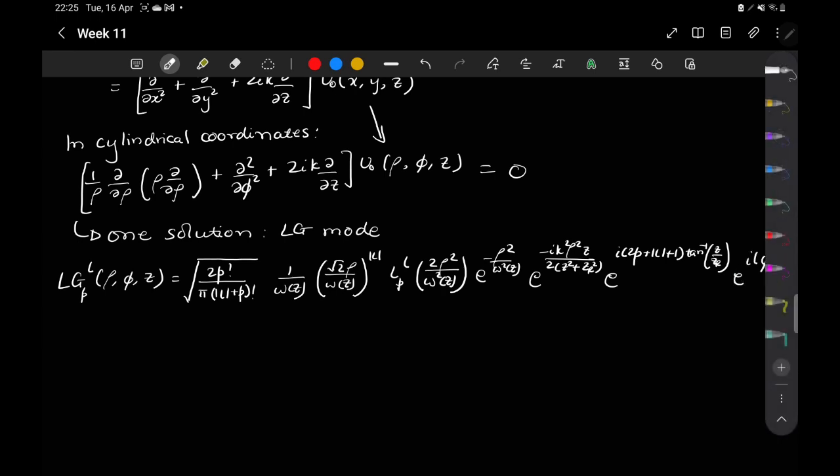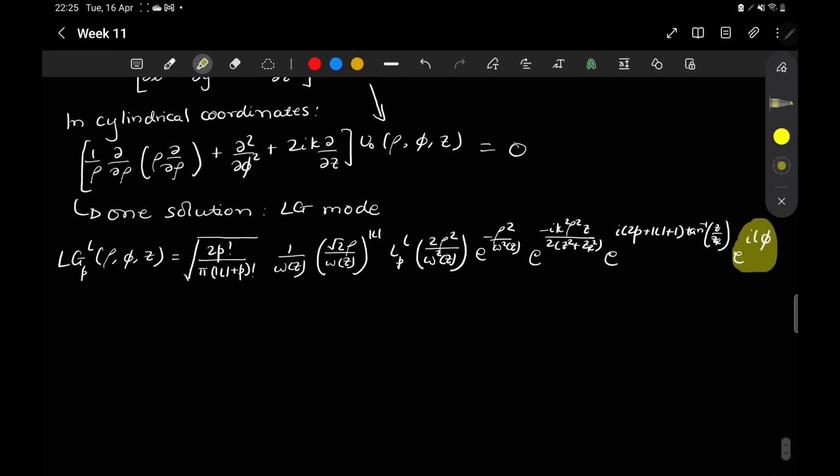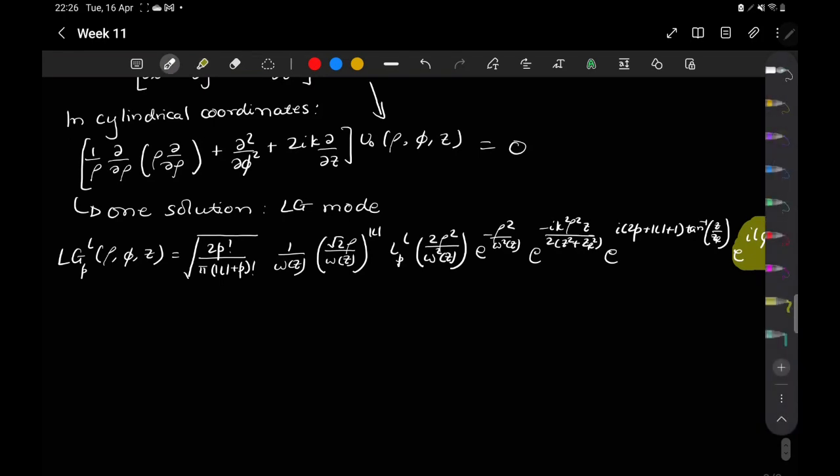Now the most important term in this, the one which will give us the orbital angular momentum, is this term, the exponential i l phi term. Now the OAM operator is given as follows.